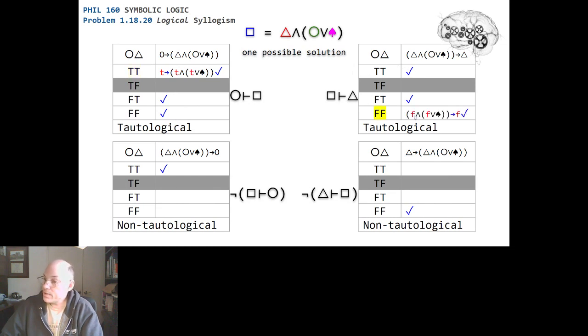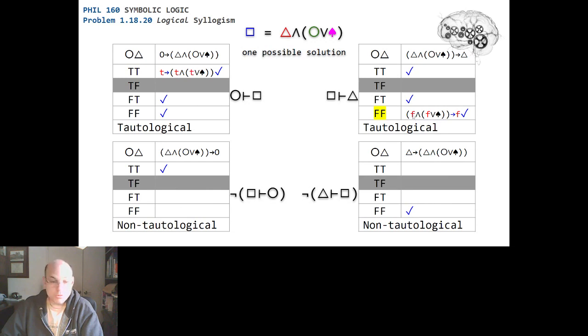And again, we just feed in triangle's false, circle's false, and then again, we have this spade with an undetermined value. It's either true or it's false. But because we have this conjunction here, we have a false and it doesn't matter what the other side is, because both the left and the right would need to be true for our antecedent to be true, but it's not.